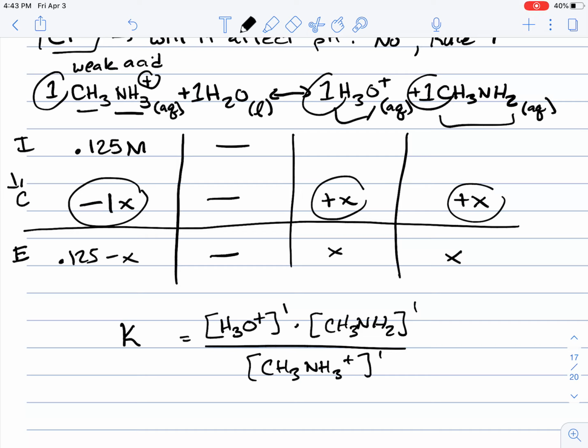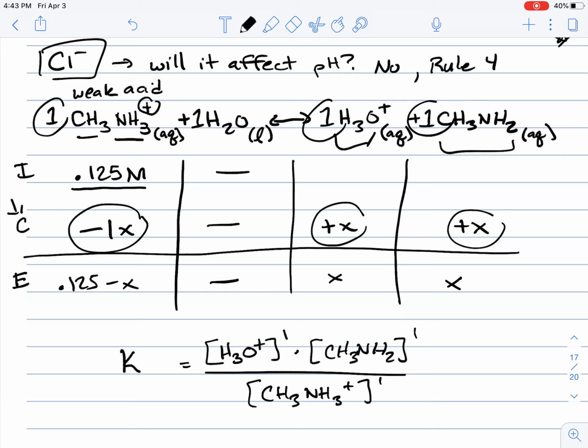And so we need to determine if this equilibrium constant is going to be Ka or Kb. And so if you look at our initial amount, we have initially a weak acid. And so since we have only weak acid present in our initial state, then that means we're trying to describe the forward reaction. In other words, we're trying to determine the ionization of the acid.